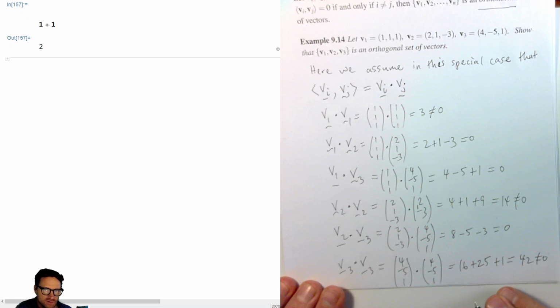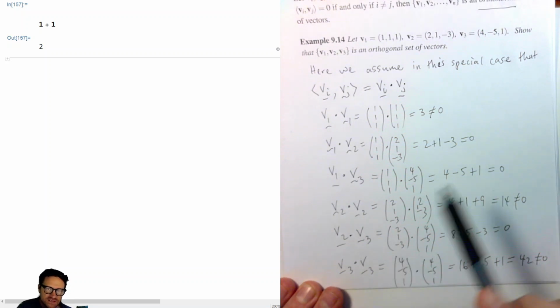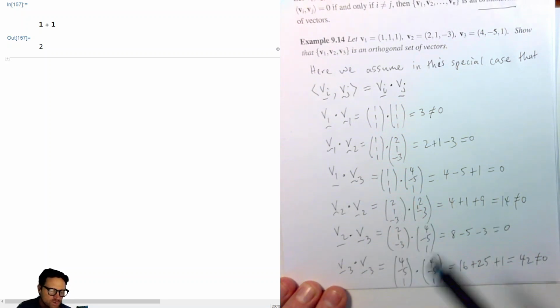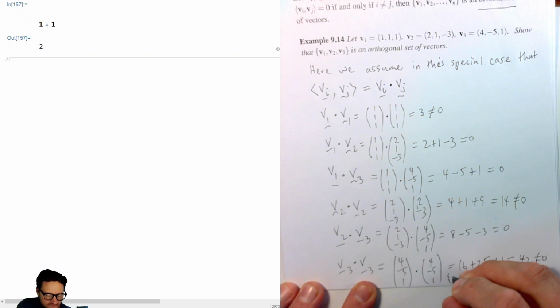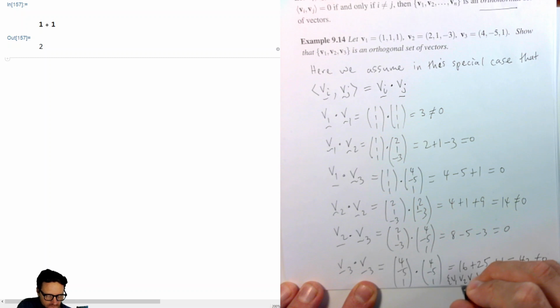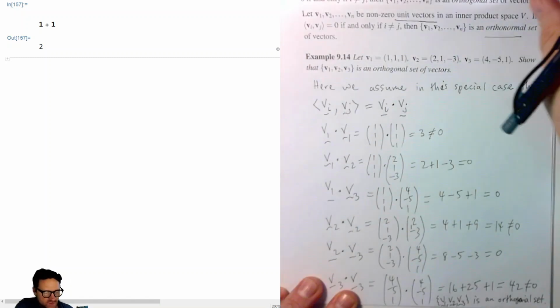So what we found is that each of these is orthogonal to each other when i is not equal to j, and so we have an orthogonal set of vectors. Let's write that down. All right, let's move on to the next page.